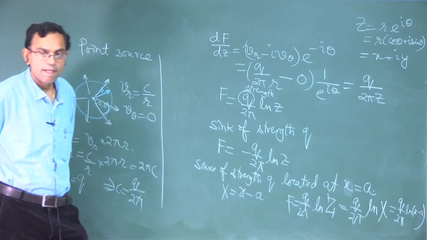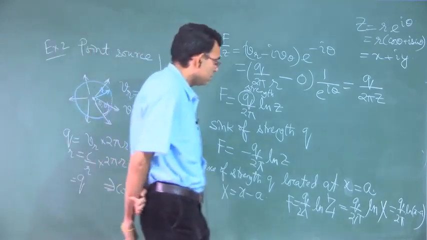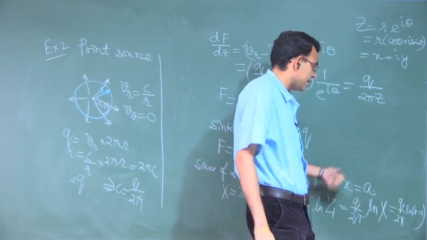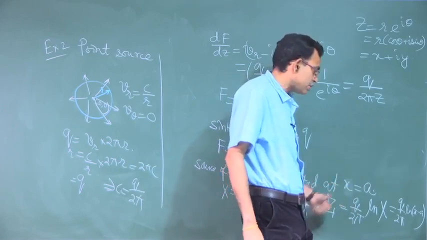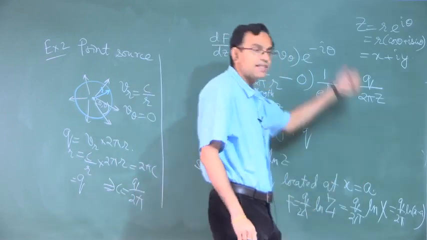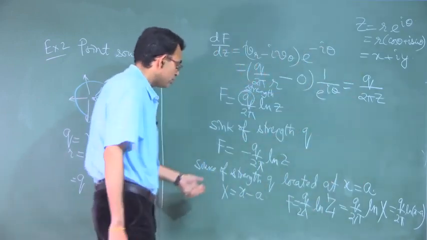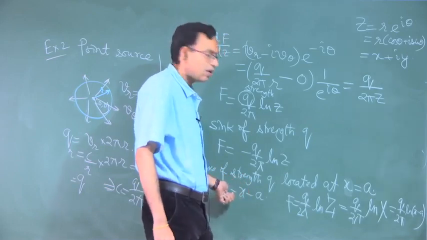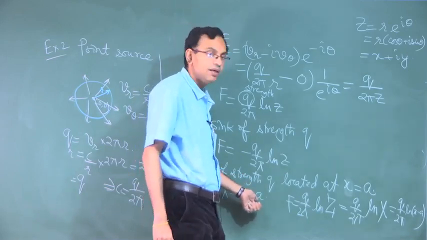Okay. Similarly, wherever the source is located, you can make a shifting of the coordinate system. So, if it is located on the y axis, at y equal to b, you introduce a capital Y is equal to small y minus b.